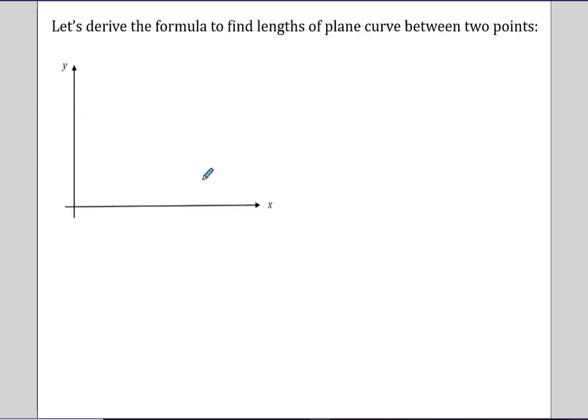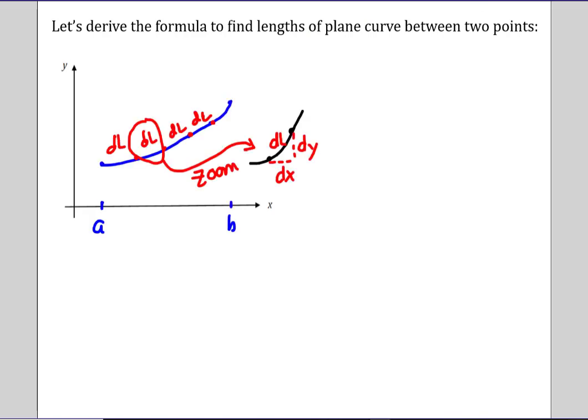So let's derive the formula to find the length of the plane curve between the 2 points. Give me a minute to draw a picture here. Here I've got our smooth curve starting at point A, that's A, f of A, and ending at point B, that's B, f of B, and I've taken this little segment and I'm going to think about the derivative of that.